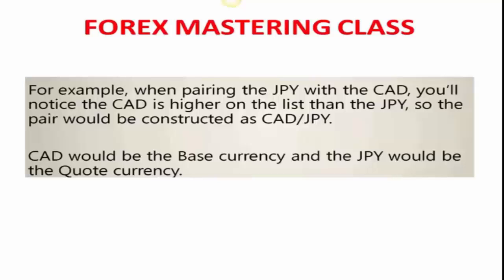So the pair will be constructed with Canadian dollar on the left and Japanese yen on the right. Canadian dollar will be the base currency and Japanese yen will be the quote currency, because Canadian dollar is higher in prominence than Japanese yen.